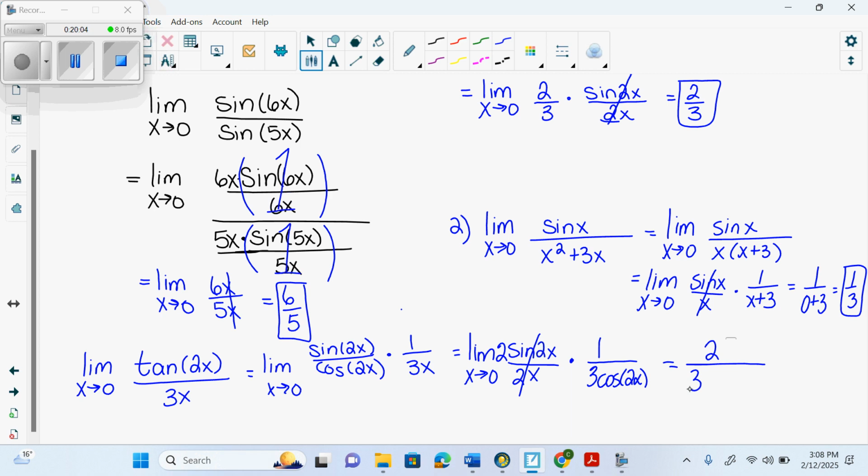I just can't plug a 0 into a sine in the denominator, because sine of 0 is 0, which ruins it, correct? But cos of 0 is 1, so that's totally fine. So I'm going to get cos of 2 times 0, which means cos of 0. So this turns to a 1, and so I get 2 over 3. Do you agree?